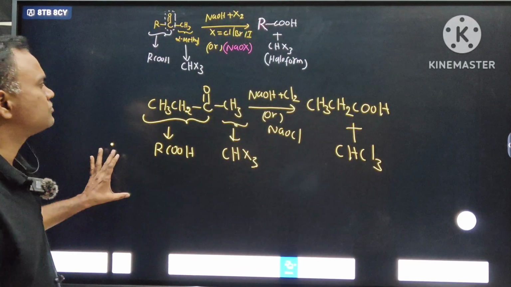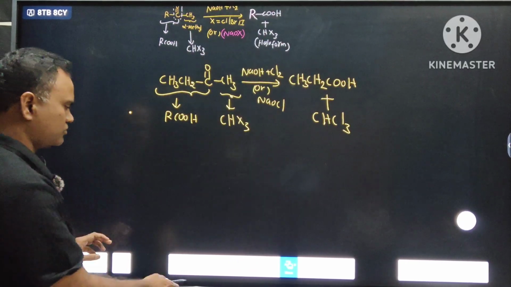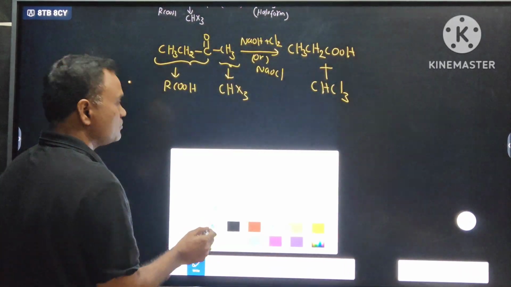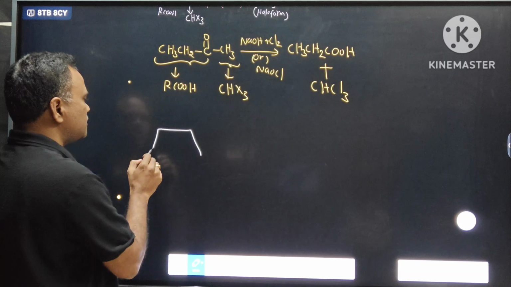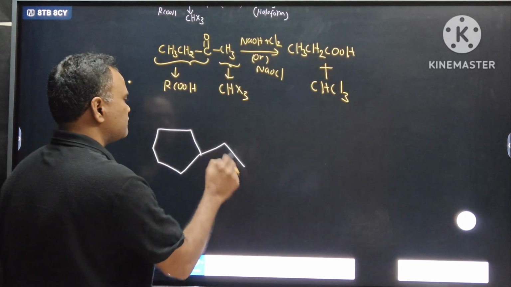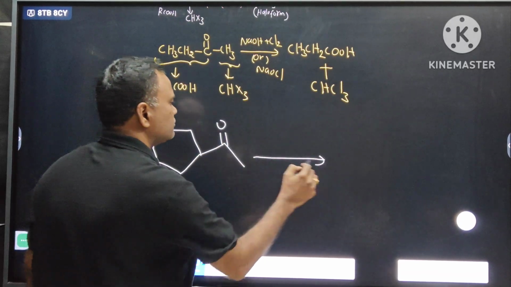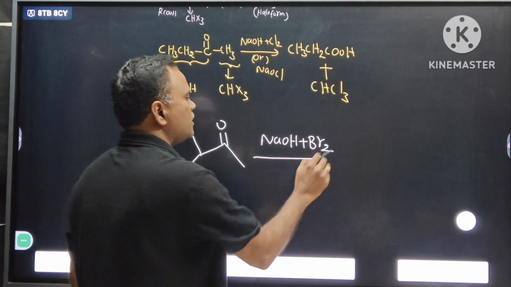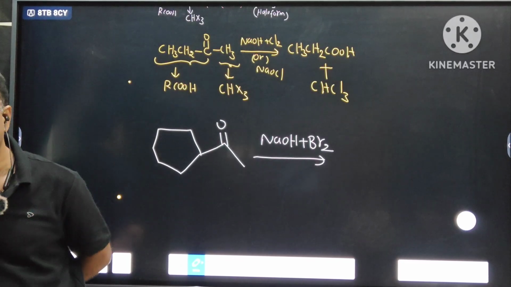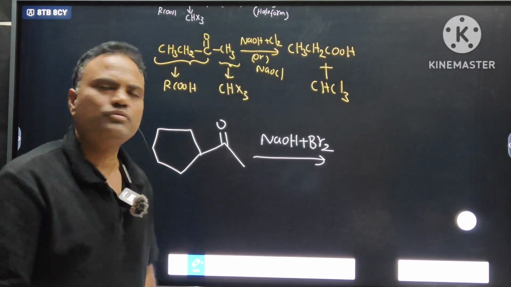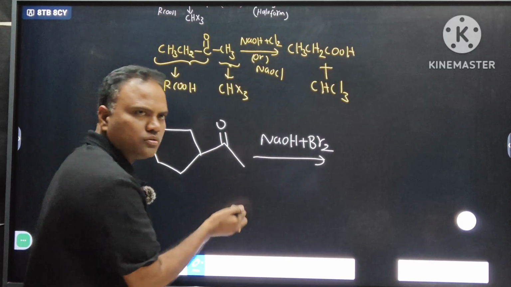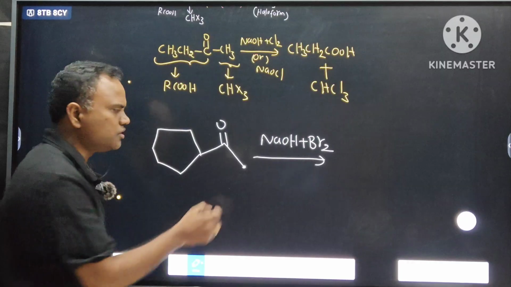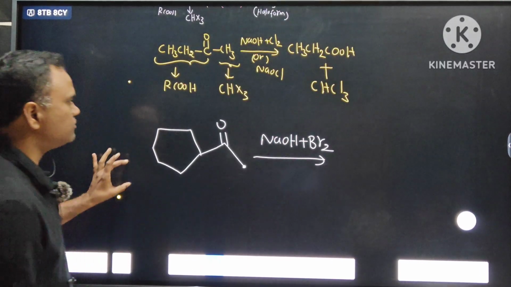Next. Can you write the product and say the carboxylic acid for this? First of all, tell me, will it undergo haloform test? Will it undergo haloform test? Yes. This is C double bond O. Terminal carbon represents CH3. Here CH3. How to imagine? I'll give you another form if you don't know.